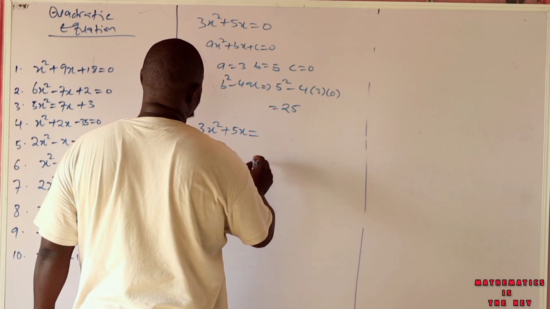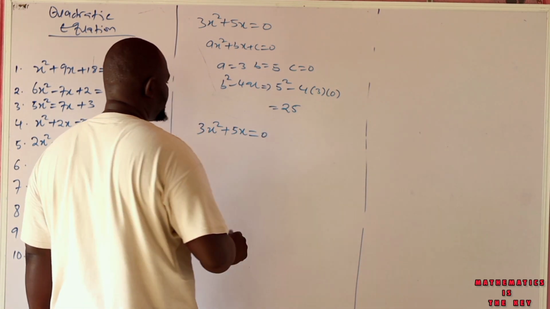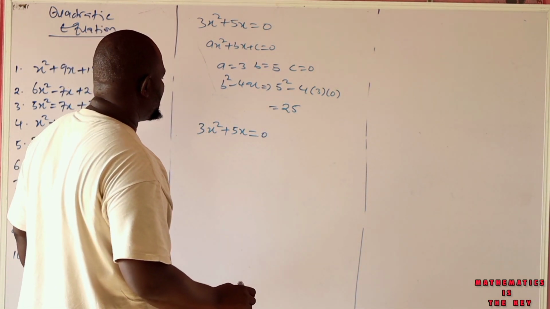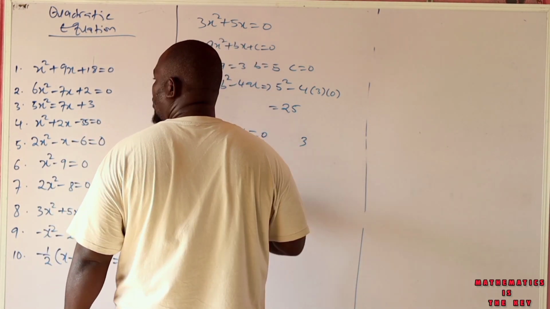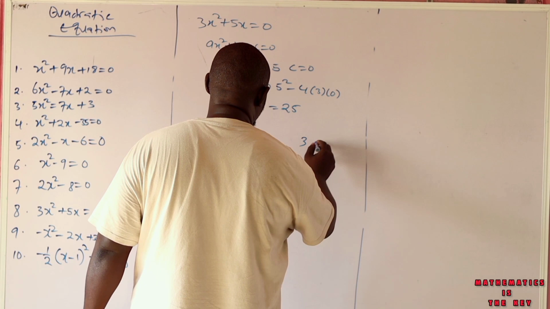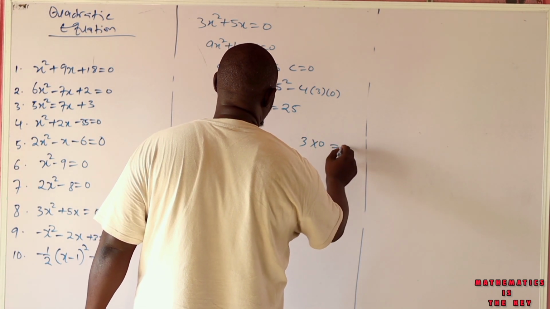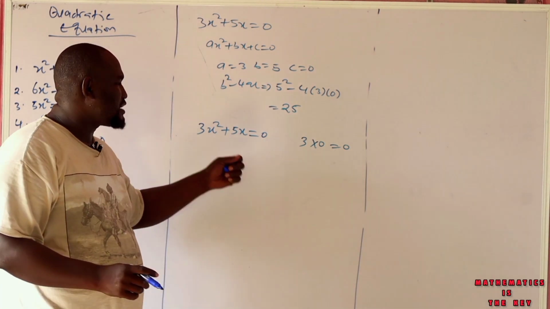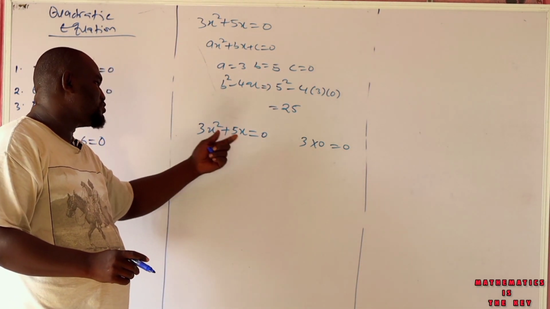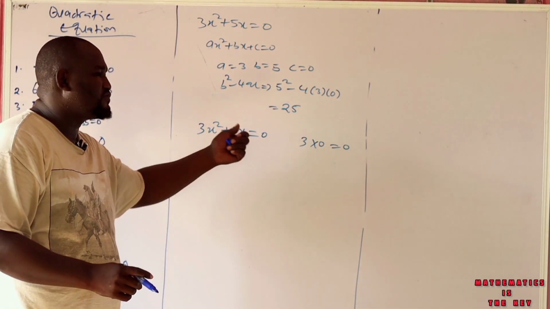3x squared plus 5x is equal to 0. Going by our former procedure, multiplying the coefficient of x squared and the constant is just like 3 multiplied by 0, and the answer is 0. We'll think of two numbers to multiply to give us 0 and add them to give us 5.